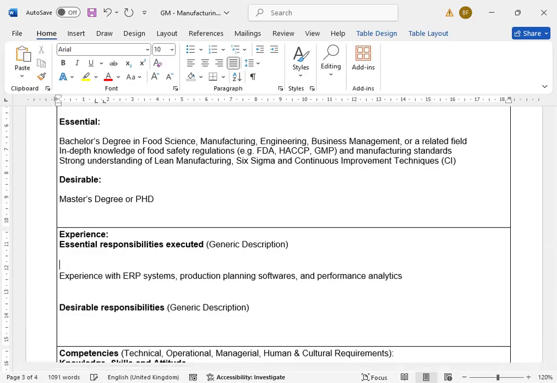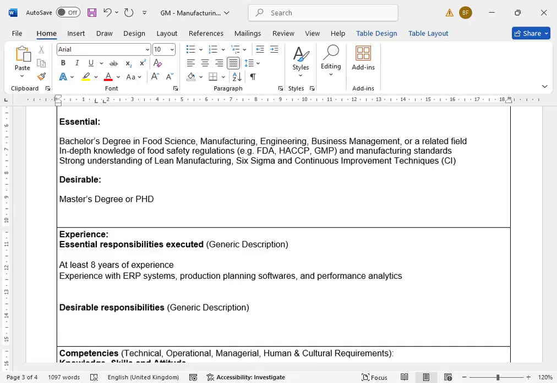Then first, of course, we need years of experience. So at least 8 years. 8 years is more than enough experience. Some leadership superiors will put more, like 10 years, 15 years. Why?